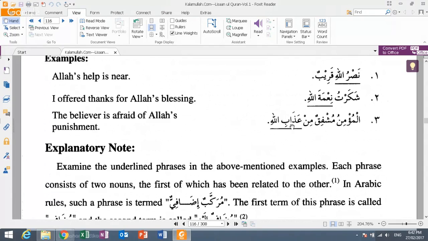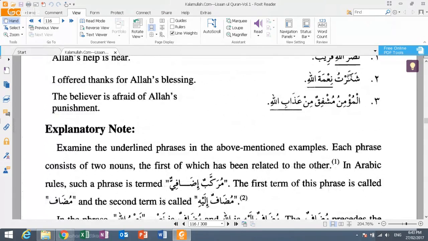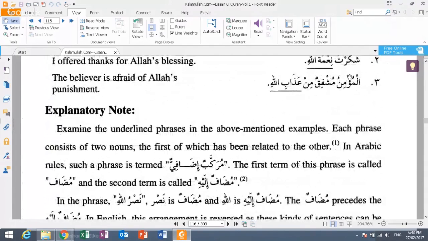Clear? Similarly, mudaf cannot carry the tanween. If you put the tanween, like for example here, nasrun, khalas, it can't go to the next. You have to make sure that there is no tanween on the mudaf, to let the mudaf go to the next. Clear? So this is the main concept of murakkab idafi.